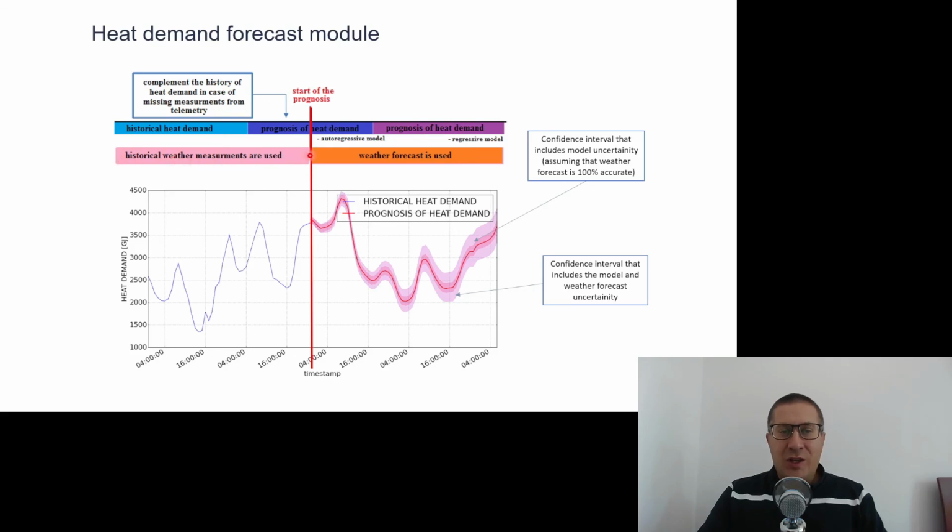But up till now, we had the historical weather measurements. We didn't have to use the forecast because we know what the weather was. So for the last hour and 2 hours back, we could use the historical weather measurements. But then when we switch to the future, where we are predicting the heat demand, we have to switch to the weather forecast.